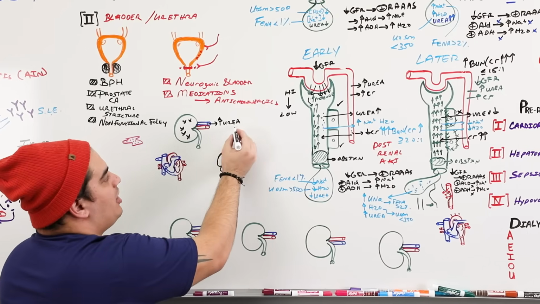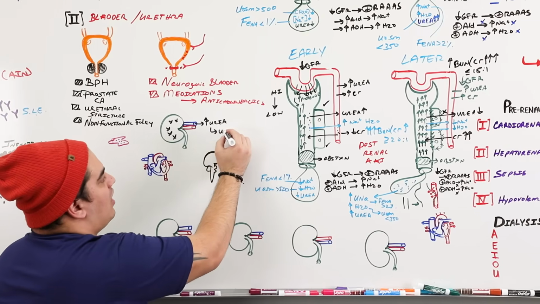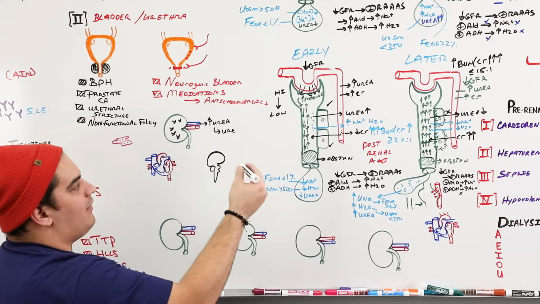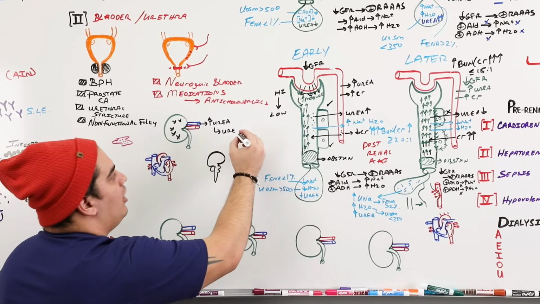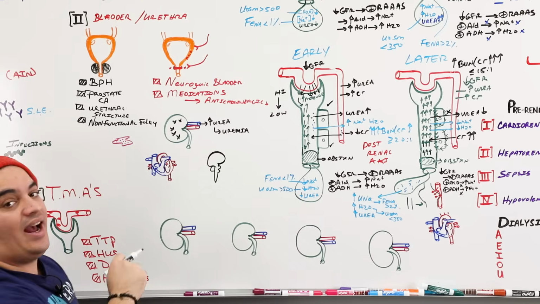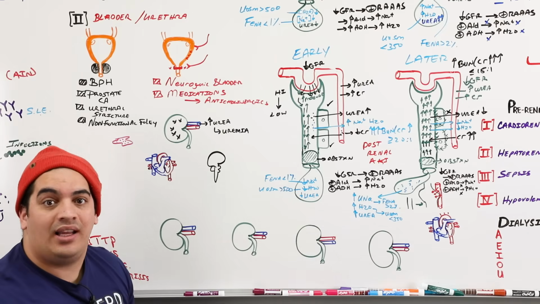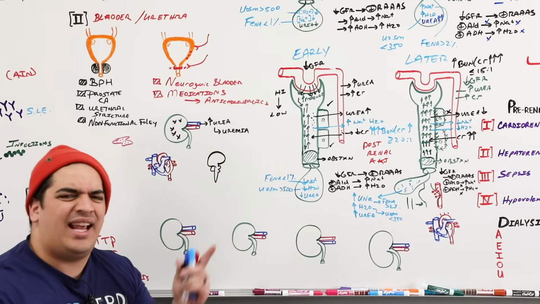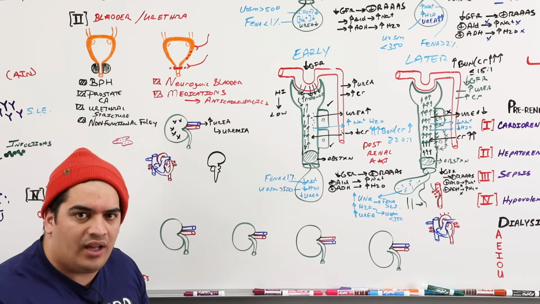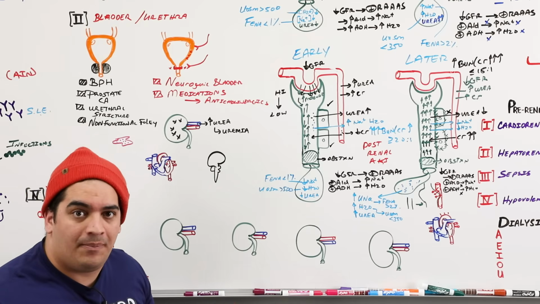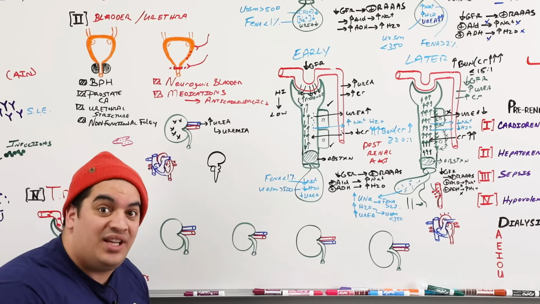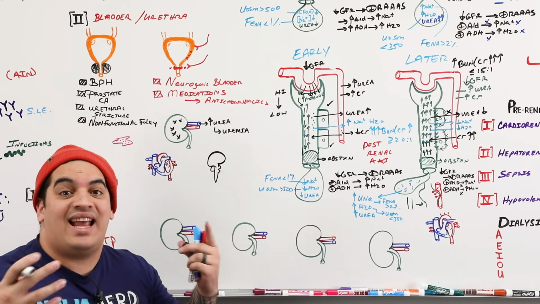When urea builds up in the blood enough that it starts causing azotemia, azotemia is whenever you have elevated levels of blood urea nitrogen, creatinine. But whenever that azotemia starts actually leading to nasty effects, adverse effects on the body, it's called uremia. So understand, azotemia, uremia, not the same thing. Azotemia is just increased urea, nitrogenous waste products in the blood. Uremia is the effect of azotemia causing nasty adverse effects.